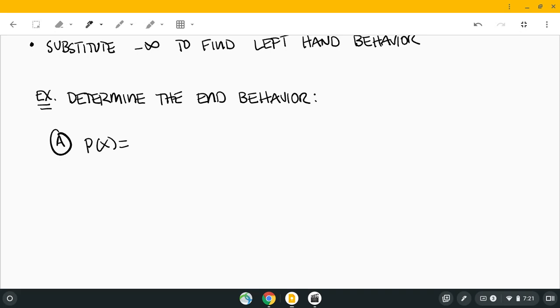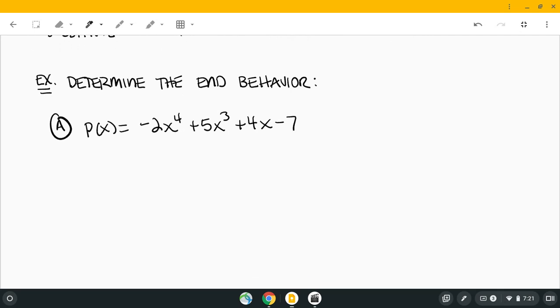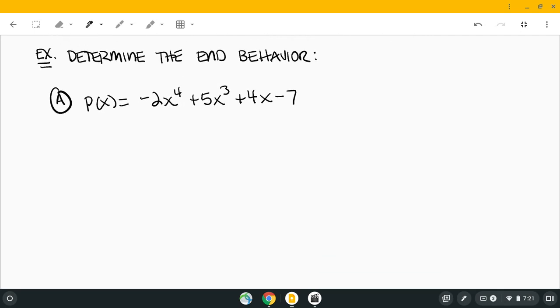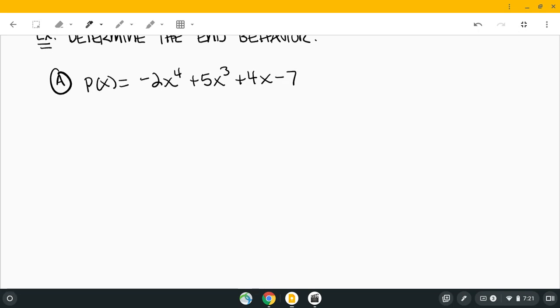P of x equals negative 2x to the fourth plus 5x cubed plus 4x minus 7. All right, so here is our leading term, right? This is our leading term. This is what we use.